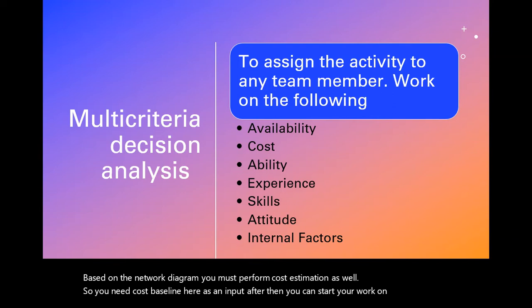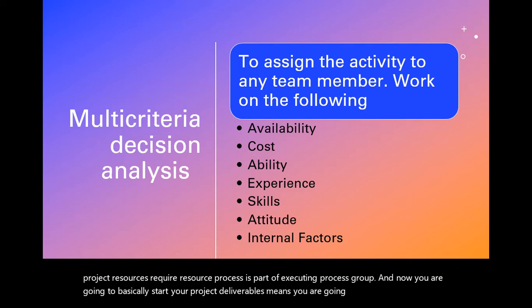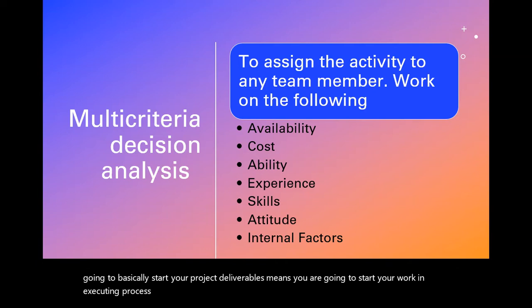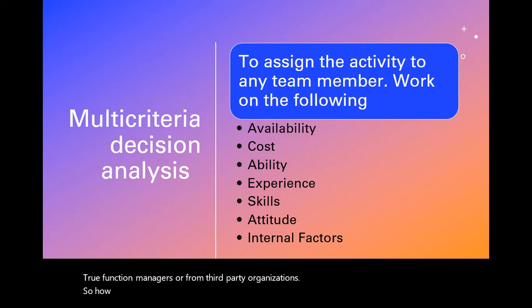The acquire resource process is part of the executing process group, and now you are basically going to start your project deliverables. Now it's time to obtain team members within your company through functional managers or from third party organizations. How will you find suitable resources for your activities?